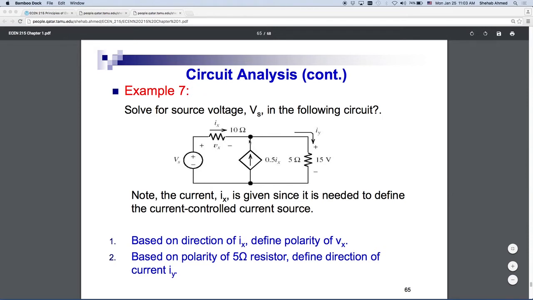Whatever's coming into the junction is equal to whatever's coming out of the junction, right? So they have assumed a current polarity going into the node, equal to 0.5Ix. So 0.5Ix is coming into the node, Iy is coming out of the node, and you will assume Ix coming into the node.